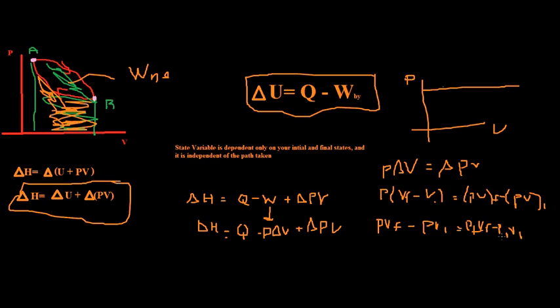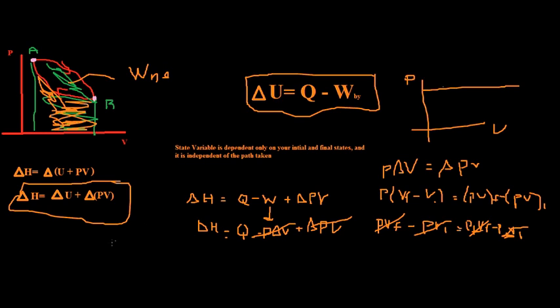If that's true, then we could cancel all the finals and initials, the subscripts in P. Since the pressure stays the same, this pressure equals this pressure equals this pressure. So we could cancel the variables altogether. This cancels with this, and this cancels with this, right? So that means these two terms must cancel.